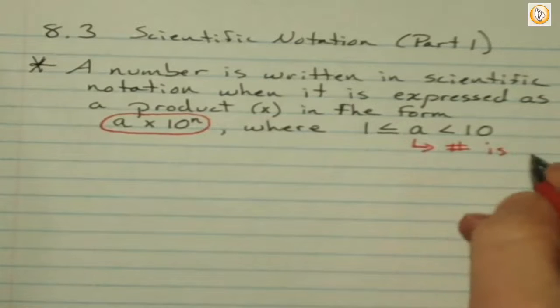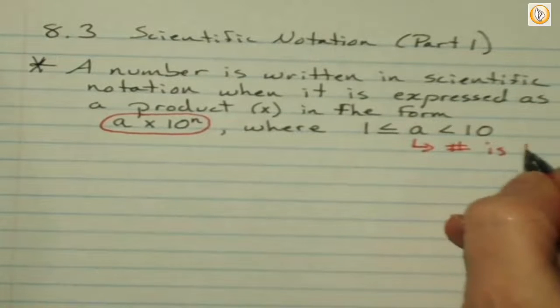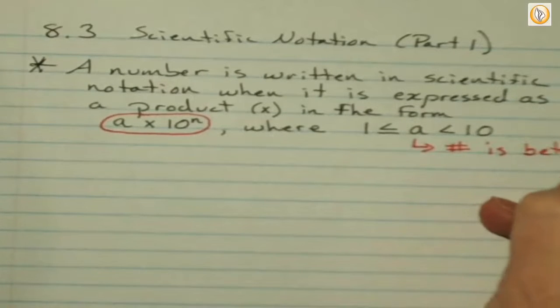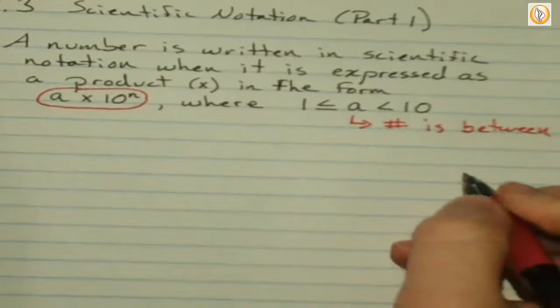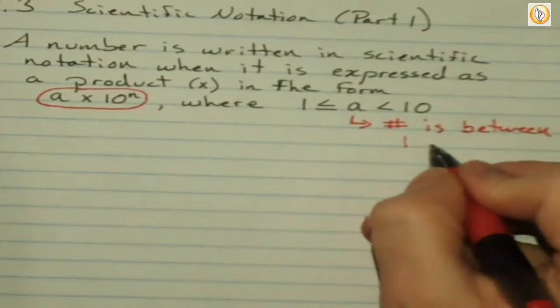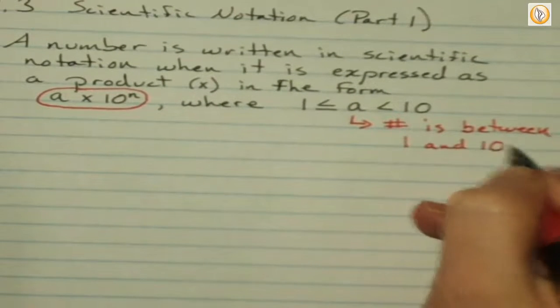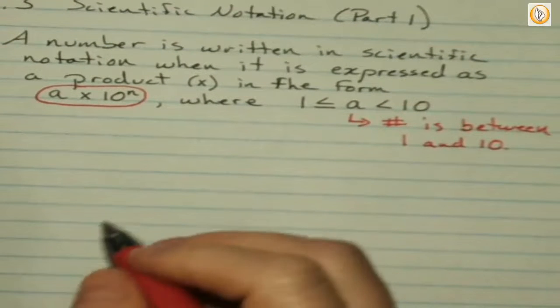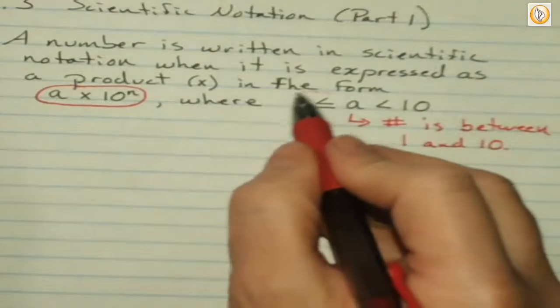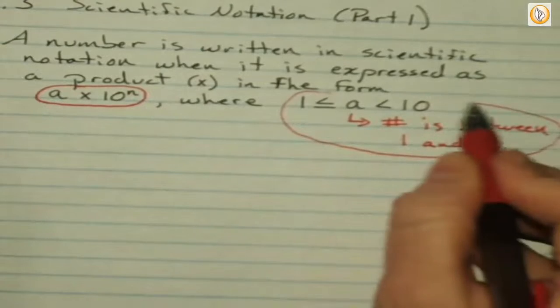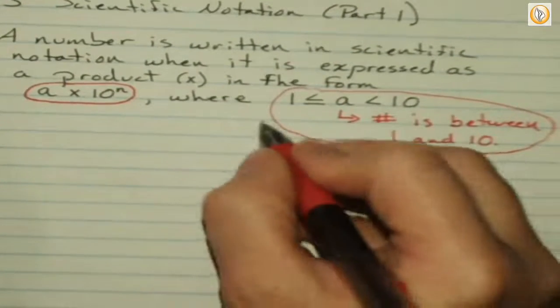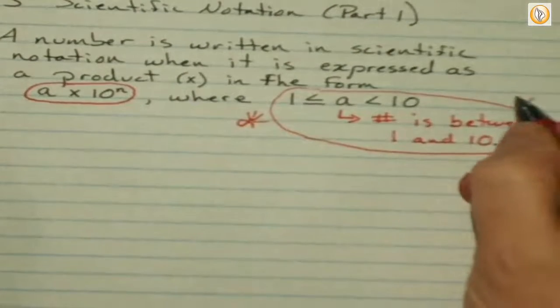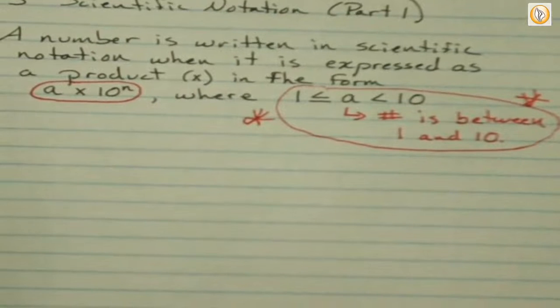A means the number is between 1 and 10. And I'm going to explain this to y'all. This whole part right here, I'm putting stars by because it's very important.